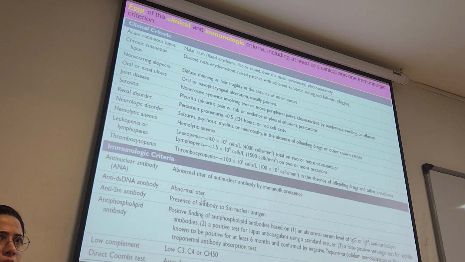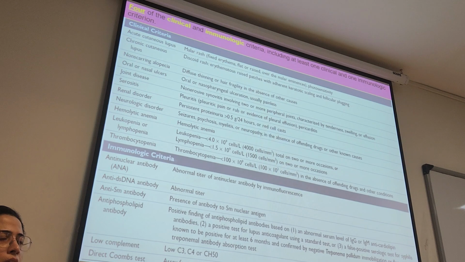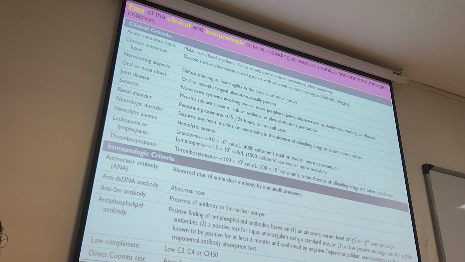Which one was not specific? ANA, I know it's not that specific. Nice. Because you see positive ANA in many autoimmune disorders. Antiphospholipid antibodies are also seen in lupus.